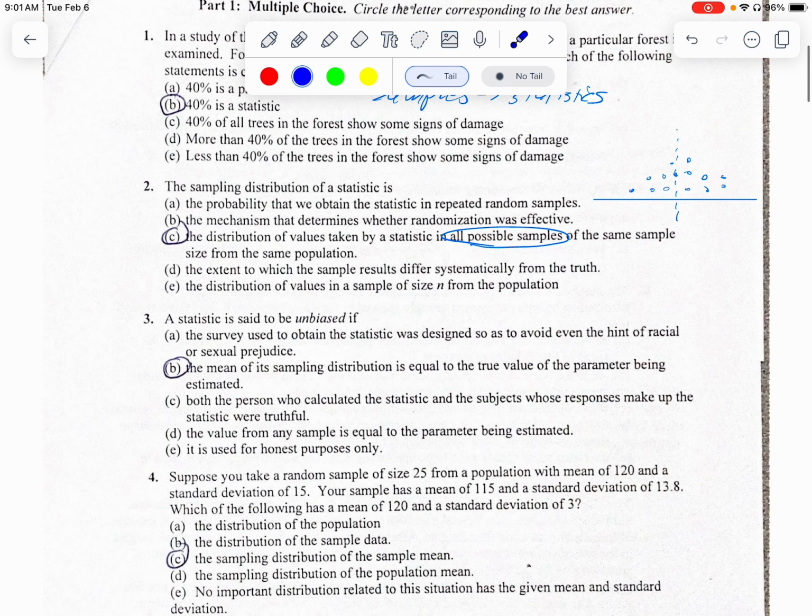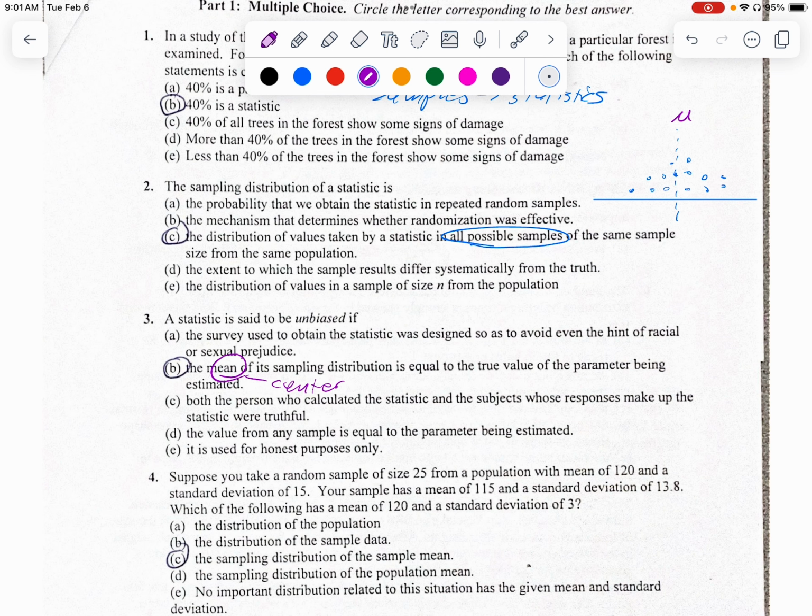Number three, it is unbiased. Like, how do you know these are unbiased? That is if the mean, let's say this is a mu, is in the center, okay? If the mean or the center of the distribution is in the right place, if it matches the parameter, if it matches mu, okay?